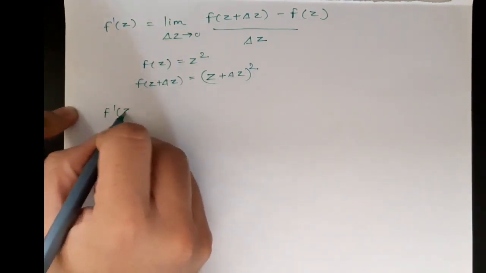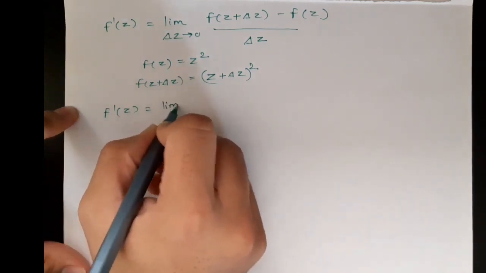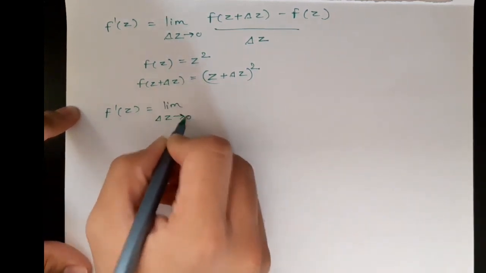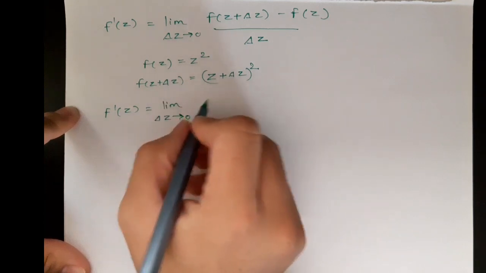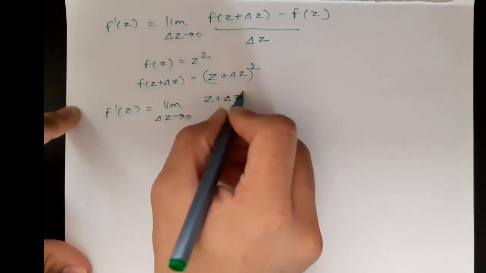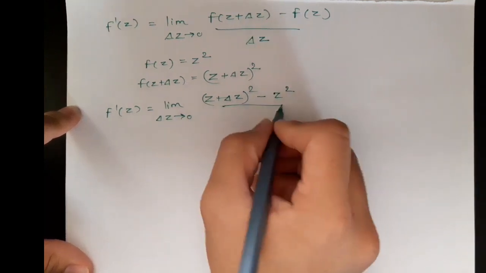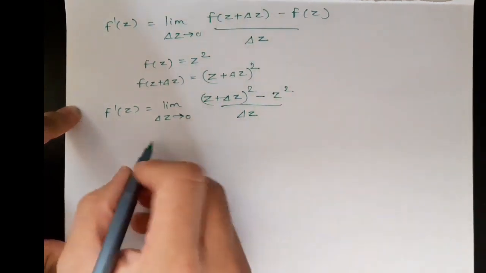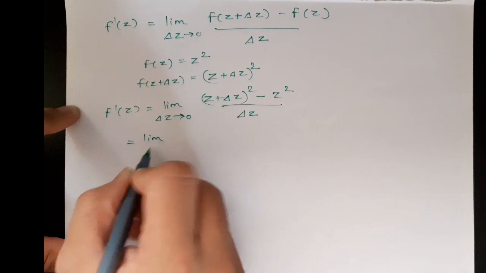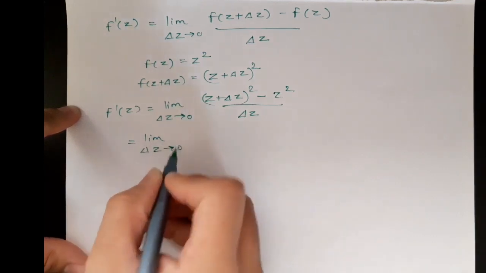So f dash z is equals to limit delta z tends to 0 f of z plus delta z is z plus delta z the whole square minus f of z, that is z square, upon delta z as it is. So it is equals to limit delta z tends to 0.